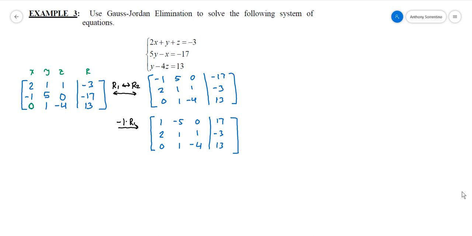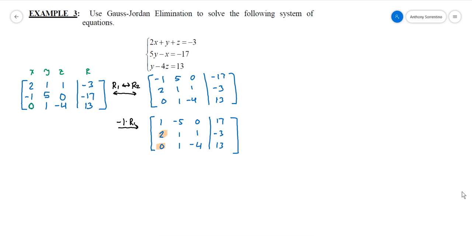So I established my 1. That means I want to establish zeros in these two spots. Well, lo and behold, I already have a 0 in the third row in that position. Great. That's what I wanted.